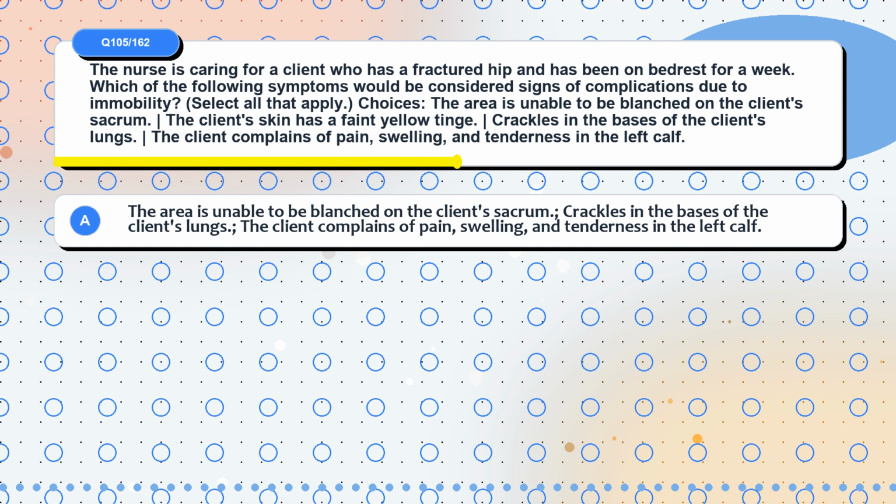Crackles in the bases of the client's lungs. The client complains of pain, swelling, and tenderness in the left calf. Here are the options. Option A. The area is unable to be blanched on the client's sacrum. Crackles in the bases of the client's lungs. The client complains of pain, swelling, and tenderness in the left calf.